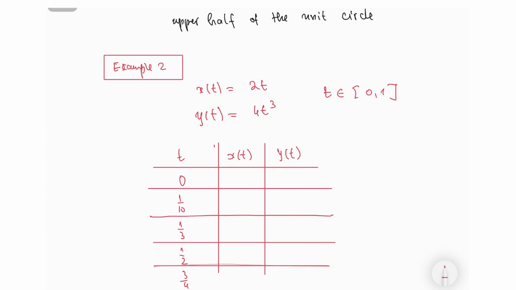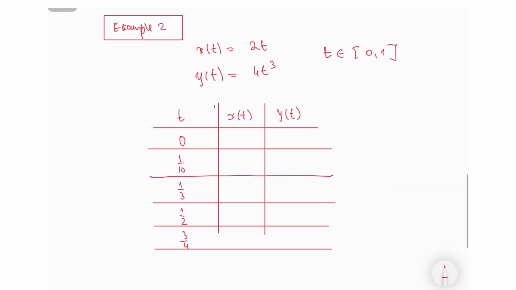And then we plot those points on the coordinate plane. Then from there we can see approximately what shape the curve has. Of course, the usage of technology here is of advantage and it's essential.